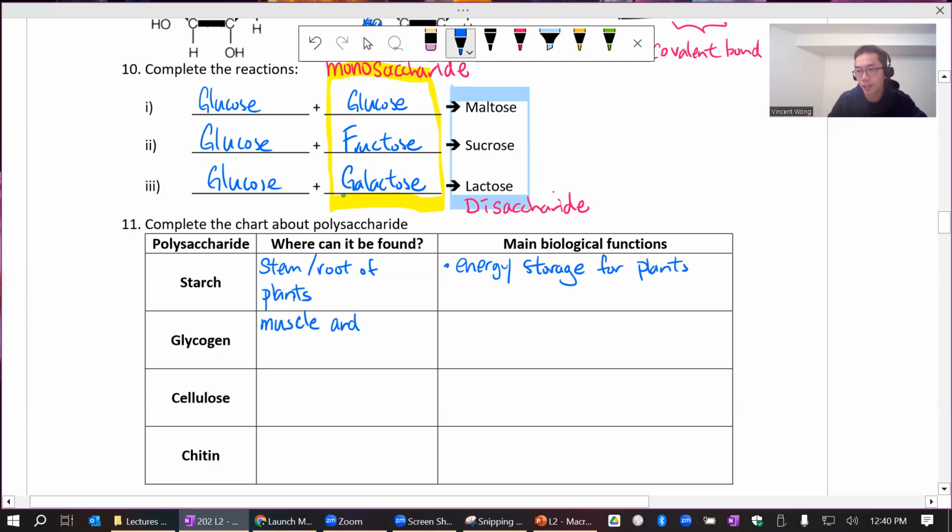What's the organ that stores? Liver. That's right. Muscle and liver of animals, right? We'll just say humans, okay? Humans, but other animals too. And the function is energy storage for the body.